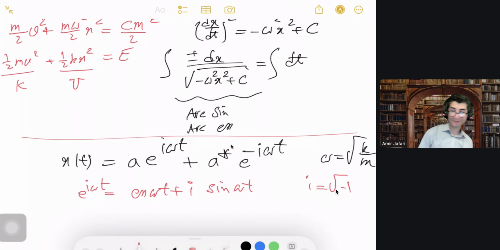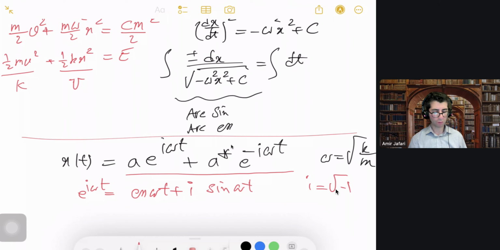Now, because physically the position should be a real number, this is very common in physics. When you have a real quantity like position, it's common to write it as a complex function. At any given time, it's going to give you a complex number, but it doesn't mean that we are working with imaginary or complex positions.